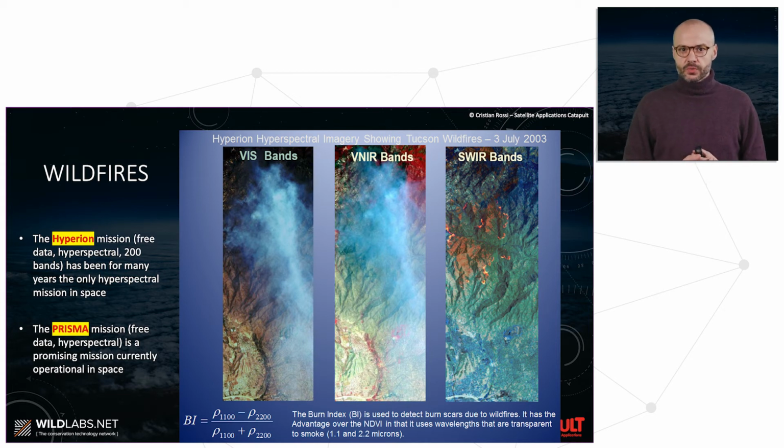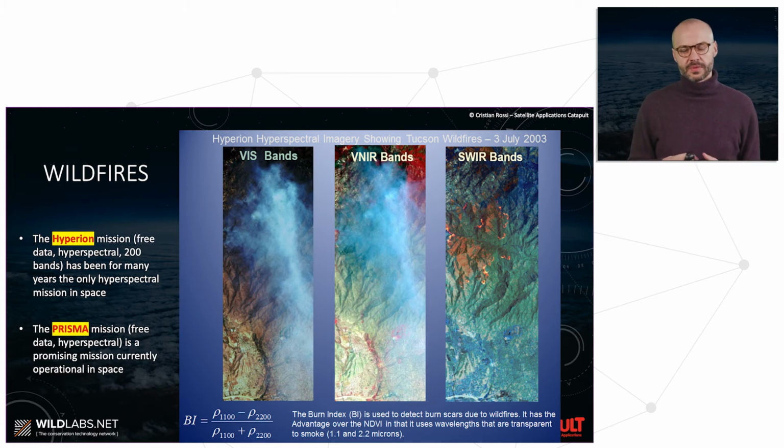This has been captured with a specific hyperspectral sensor, which is called Hyperion. There aren't many hyperspectral sensors at the moment up there that provide data. And if you just look at public hyperspectral sensors, there are very few.